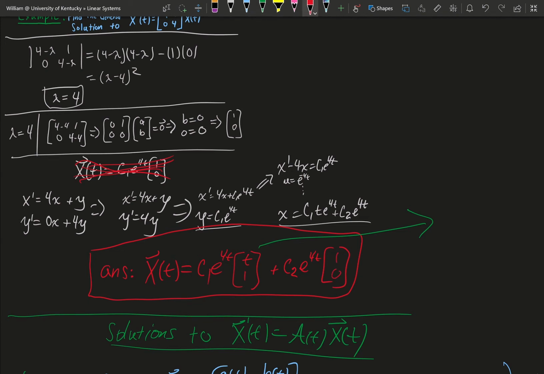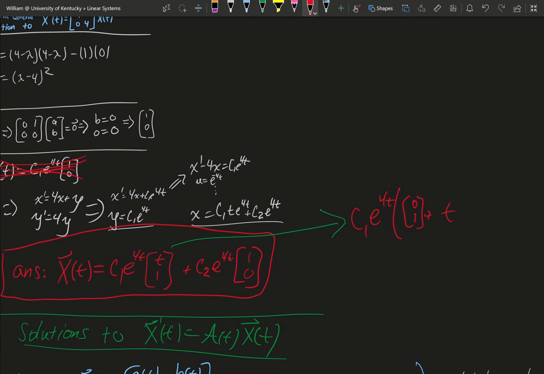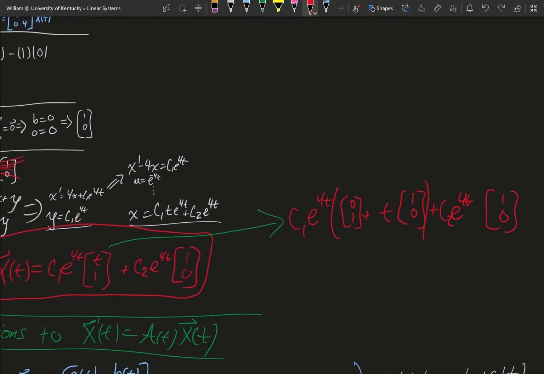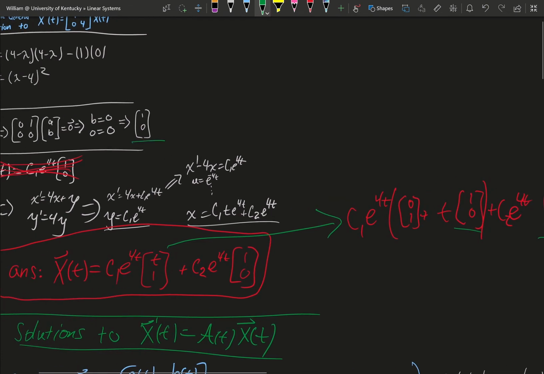So if we rewrite this, c1 e to the 4t, we can also write this as (0, 1) plus t (1, 0). So again, I have my eigenvector here, which is present, and we still just don't know where this other thing comes from.